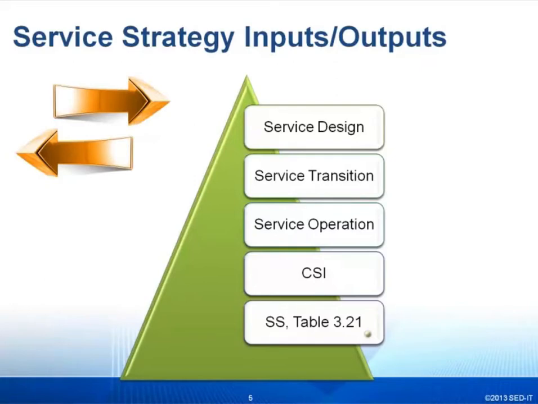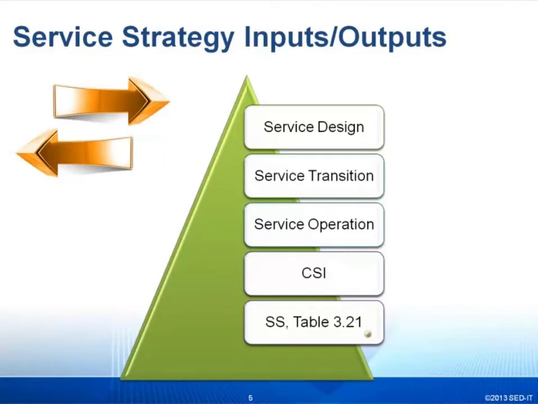So think about the processes that are in service strategy, the 5 processes that are there. So you have strategy management, portfolio management, financial management, demand management, business relationship management. What information do those 5 processes require from the other life cycle phases? And you'll start again seeing the same pattern. Look for the patterns, okay? So I'm hoping that you're starting to see a larger pattern take place.